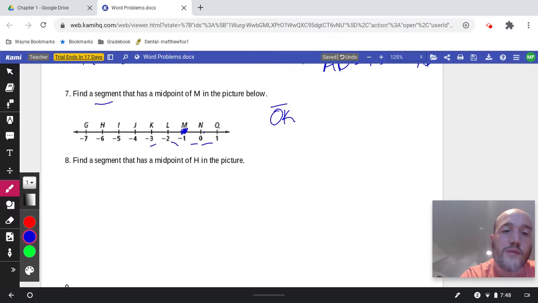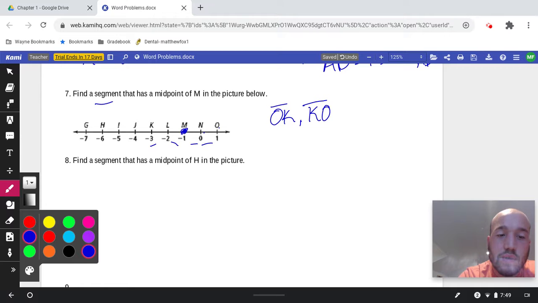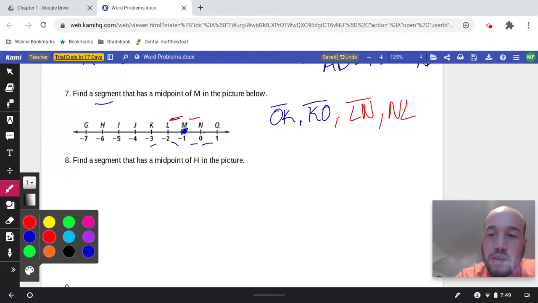Since it asks for a segment, we need to label it with that mark. We can also label a segment the opposite way, so KO, they can flip. We also instead could do 1 over and 1 over, and do segment LN or segment NL.